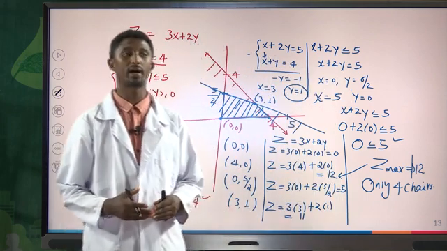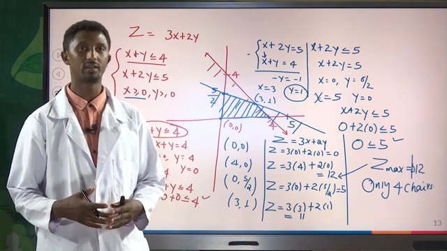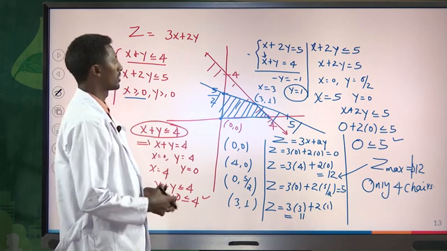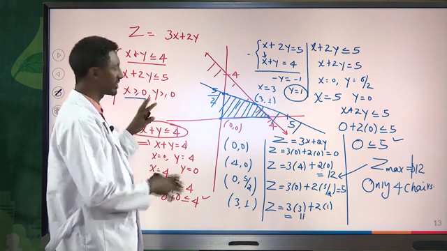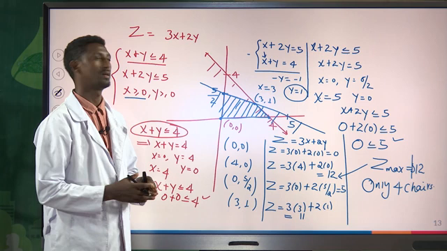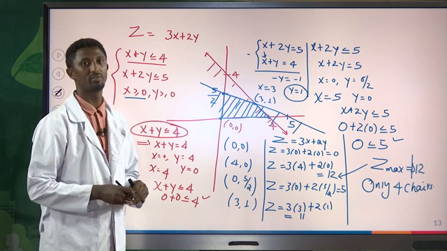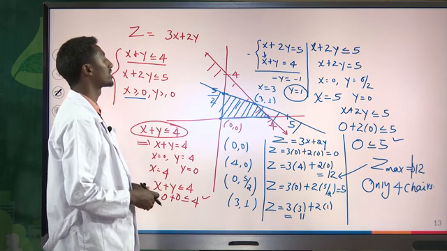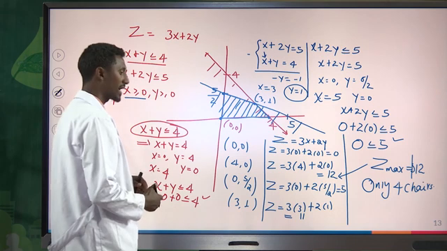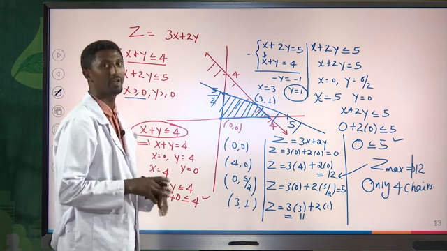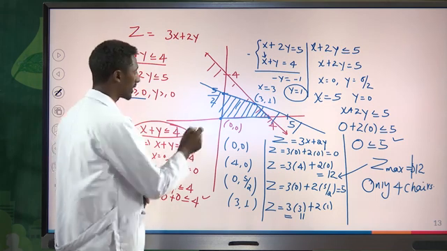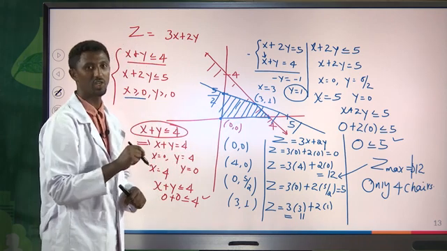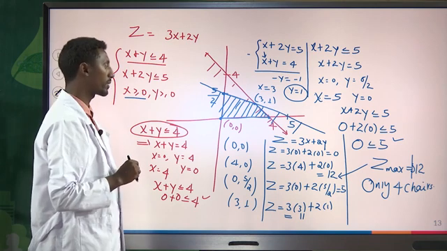So in general, to find the optimal value of a given linear programming problem, we'll draw all linear inequalities on one coordinate plane. We'll identify the feasible region, that's the common region for every linear inequality. After that, we'll determine every corner point, then evaluate the objective function at each of these corner points.